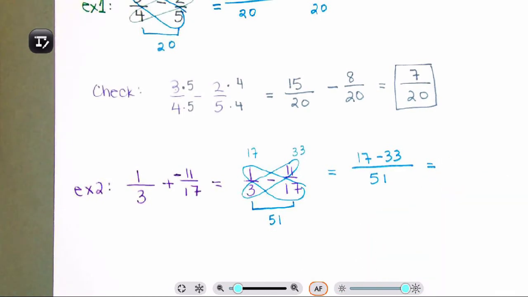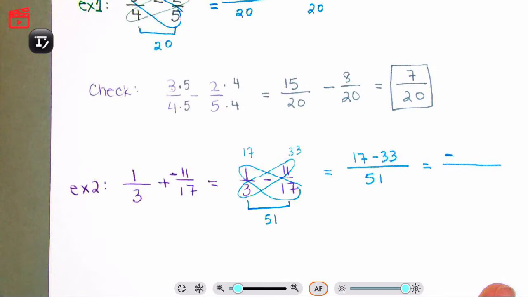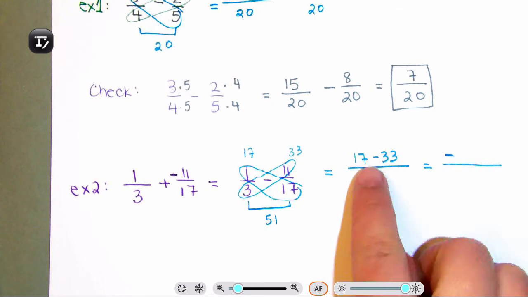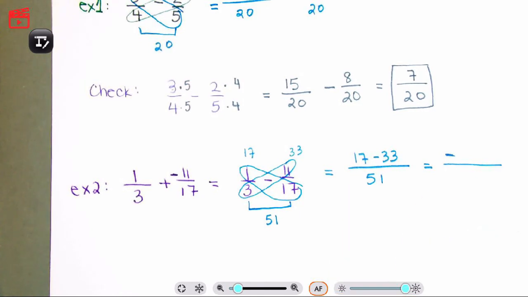And again, I'm going to cheat, and I'm going to say 17 plus what is 33, but I know my answer is going to be negative since I have more negatives. I have 33 negatives and 17 pluses. So how much more do I have? Well, do I have 10? If I add 10 to 17, that's going to give me 27. If I add 20 to 17, that's going to give me 37, but I want 33.